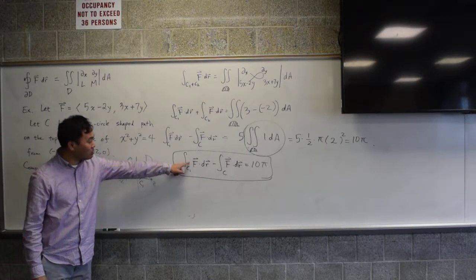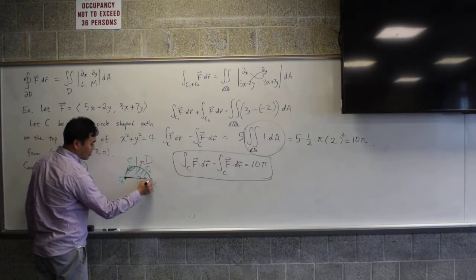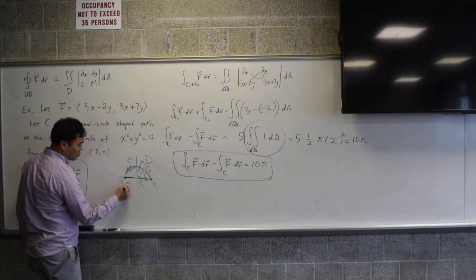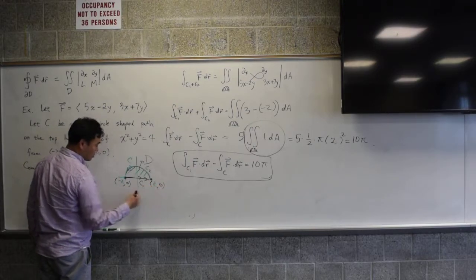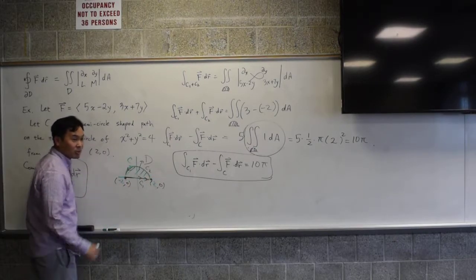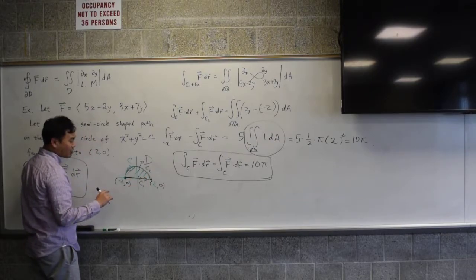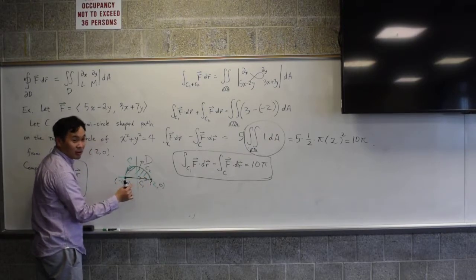Now, how do you parameterize C1? C1 is this one, right? You go from negative 2 comma 0 to 2 comma 0. So what's always constant as you move? Y coordinate is always 0, right? And x coordinate changes from here to there.